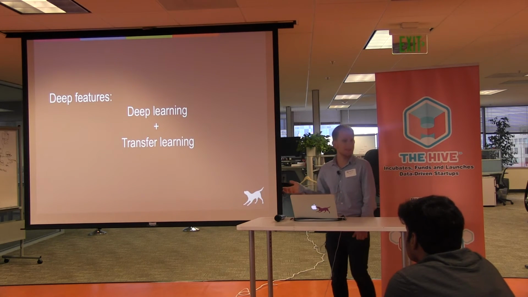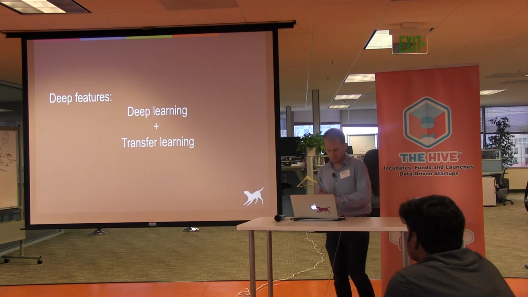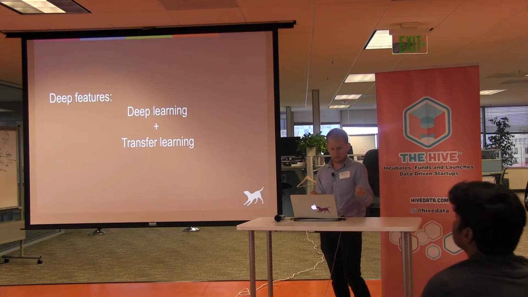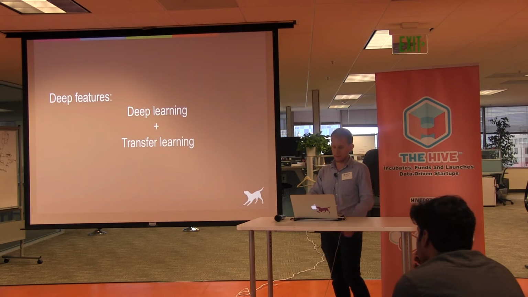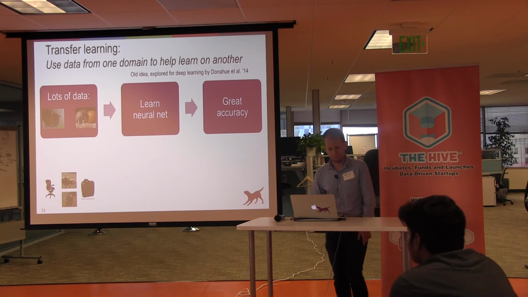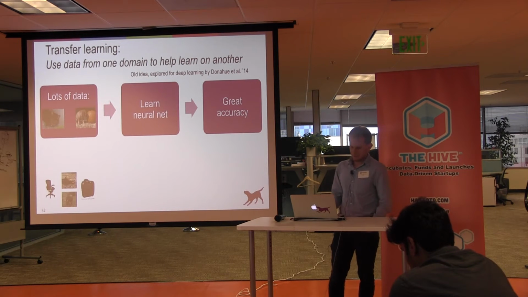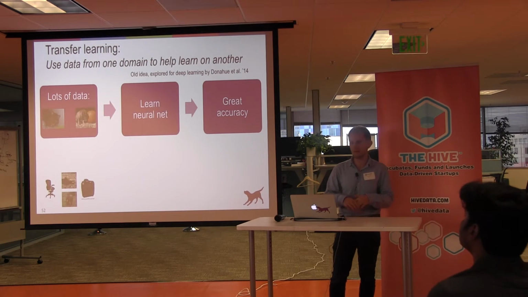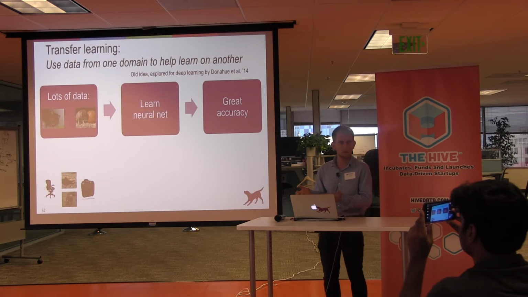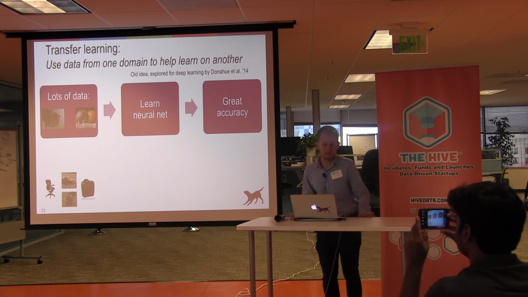Okay, and this is where this idea of deep features comes in. Basically, you take deep learning, you take the idea of what I just talked about, transfer learning, and you become a winner. So just to go through the transfer learning workflow, you have on some task lots of data. You can learn a neural net. Maybe somebody has already done it for you. Maybe there's been a paper published about it with results you can recreate, and you get great accuracy there.